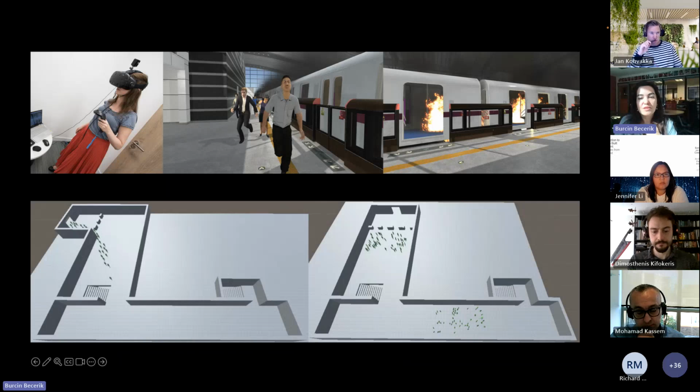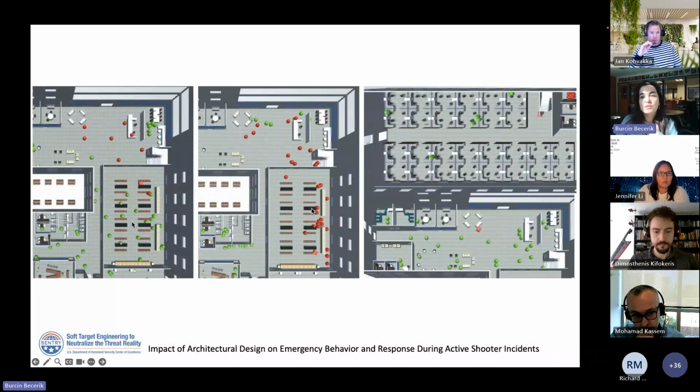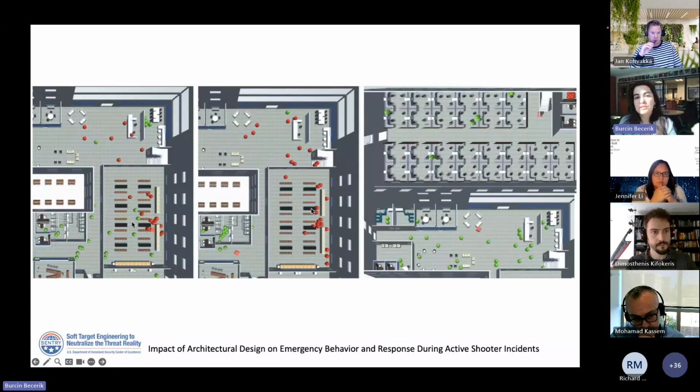So we are now in the process of capturing these behaviors using different methods like reinforcement learning to develop intelligent agents that are capable of simulating threats and occupants, with diverse abilities and decision-making processes.